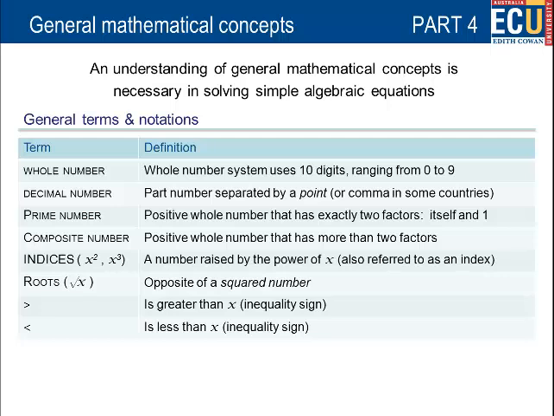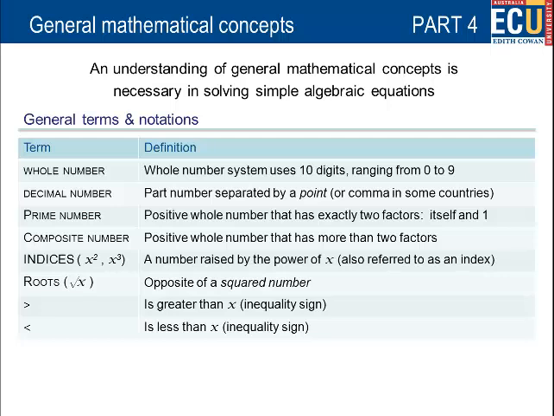Therefore, to give you an example, 3 raised to the power of 2, or 3 squared, is the same as saying 3 multiplied by 3, which equals 9. 3 raised to the power of 3, or 3 cubed, is the same as saying 3 multiplied by 3 multiplied by 3, which gives us 3 multiplied by 3 is 9, and 9 multiplied by 3 is 27.